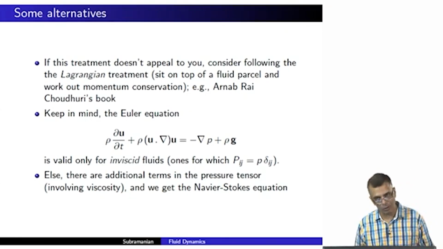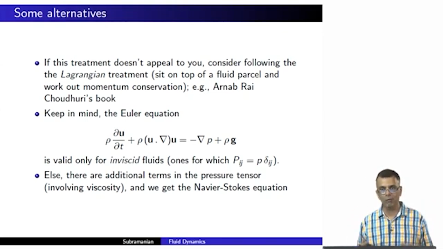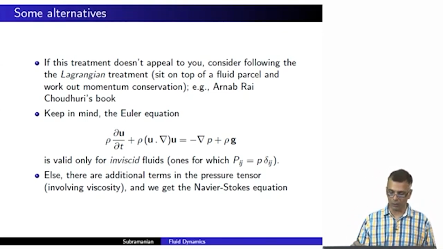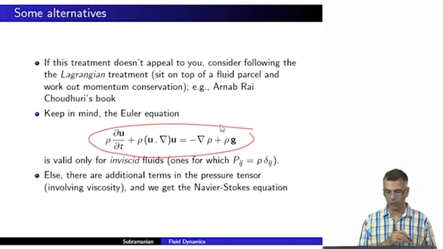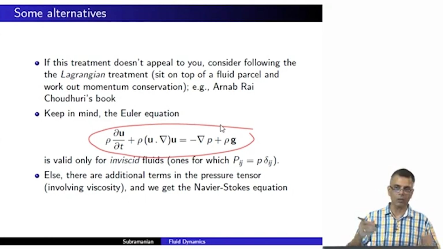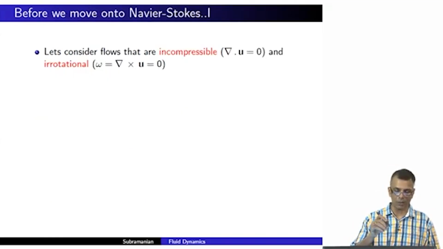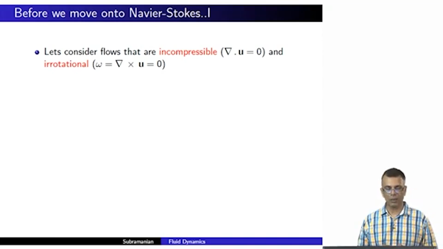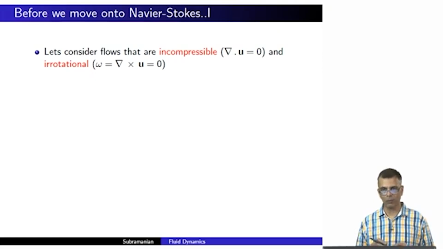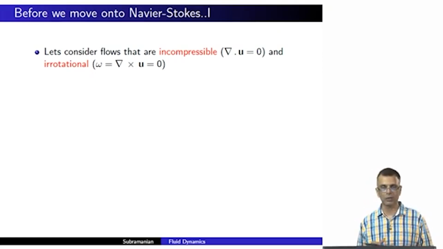The Navier-Stokes equation is a momentum equation when you include viscosity, and the Euler equation is valid only for inviscid fluids. So, we will stop here and consider a few other aspects before we move on to the full Navier-Stokes equation.